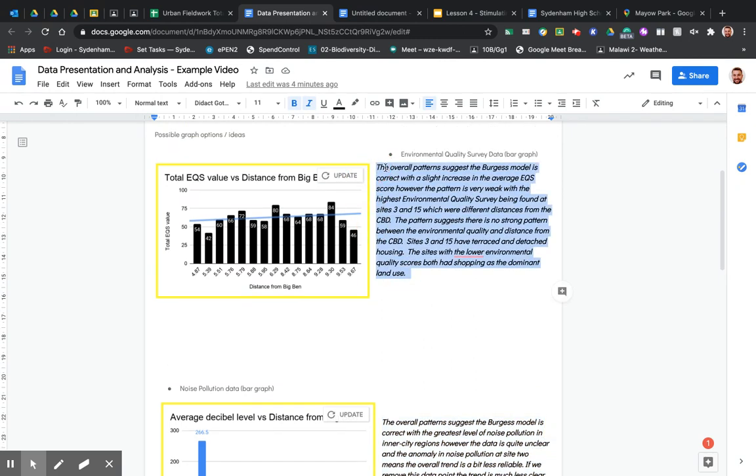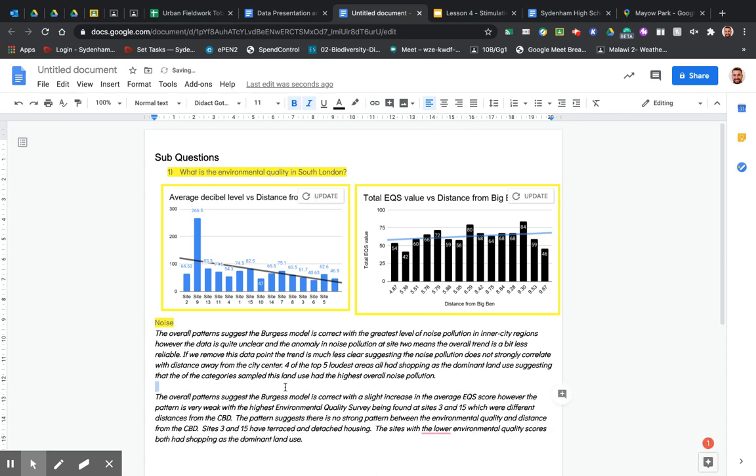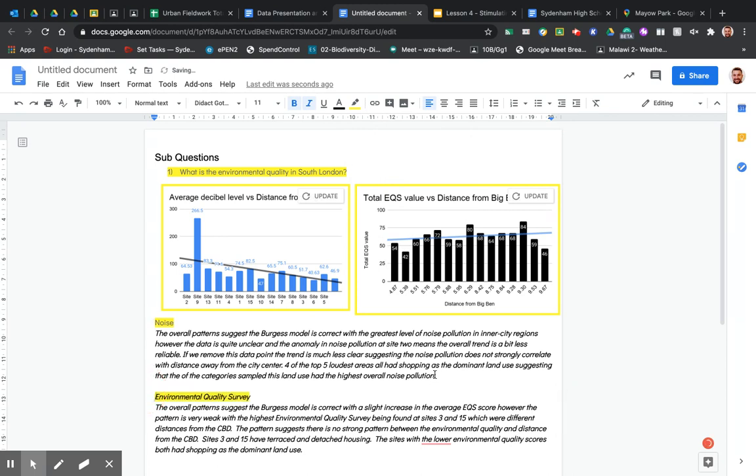This is the kind of level of analysis I'd expect the year 13s to be doing with their NEAs. Sorry, for their A-level coursework. So if you're working to this level, that's great, but actually what we need is a quick summary here and here, potentially, but it doesn't need to be anywhere near this long.